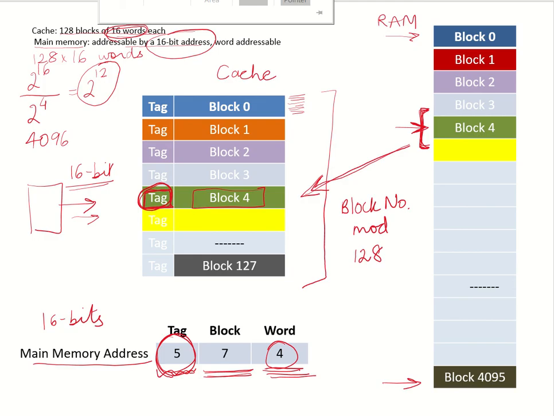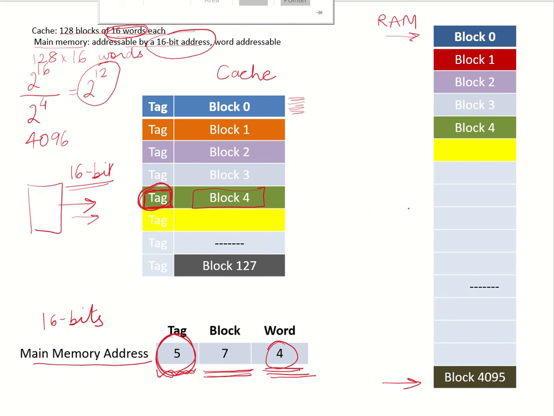Why are these tag bits required? Let us take an example where block 1 has been brought into block 1 of the cache. If we talk about the address of block 1, it is a 16-bit address.